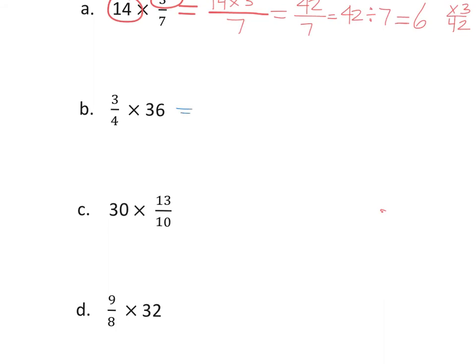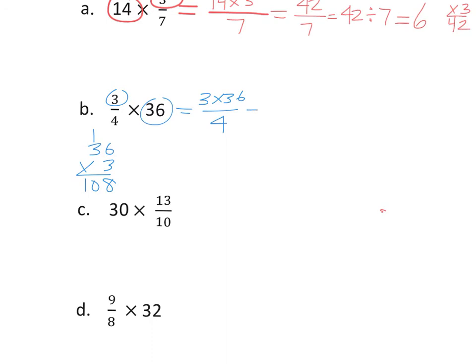I know that my denominator is going to be 4, and I know I'm going to have to multiply the 3 and the 36 in my numerator. So a little side math, I'm going to have to figure out what is 36 times 3. 3 times 6 is 18, and 3 times 3 is 9, plus 1 more is 10.